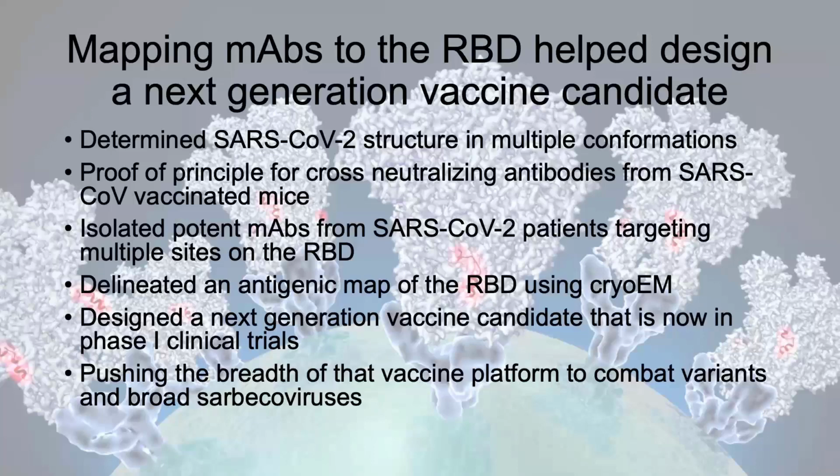And this would not have been possible without first determining the structure of the SARS coronavirus 2 spike in its multiple conformations, and understanding that there's really a wealth of data showing that there are cross-neutralizing antibodies that target the receptor binding domain, and these are potent, and we can bring these towards therapeutic uses.